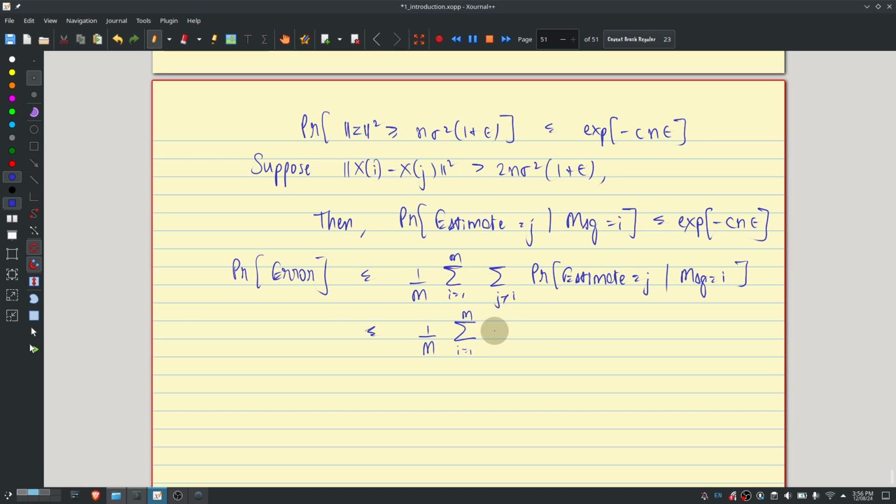So this is at most the sum over j not equal to i of e raised to minus constant times n times epsilon.